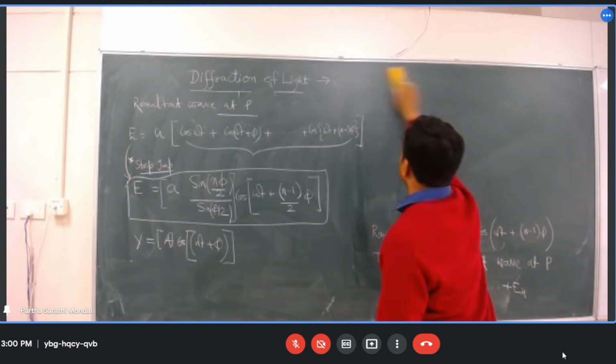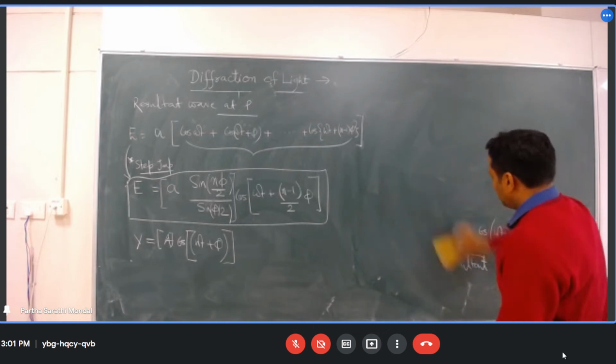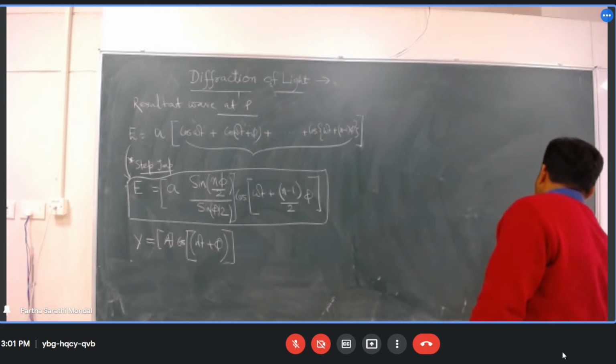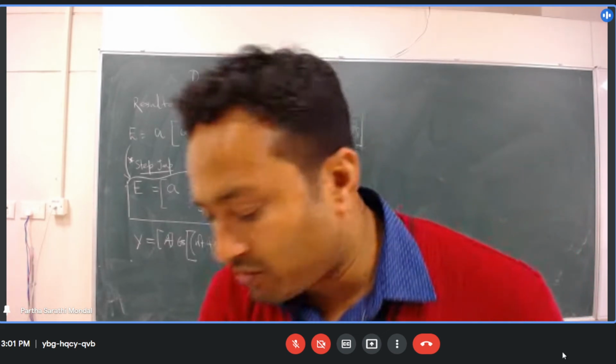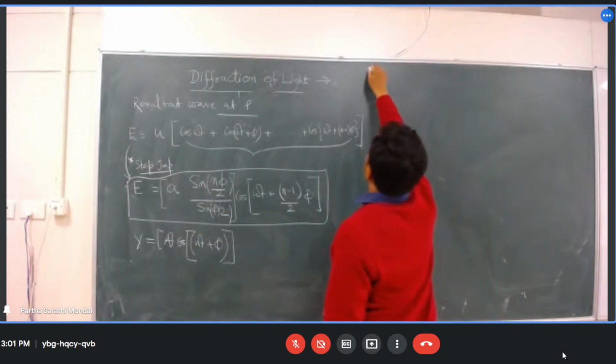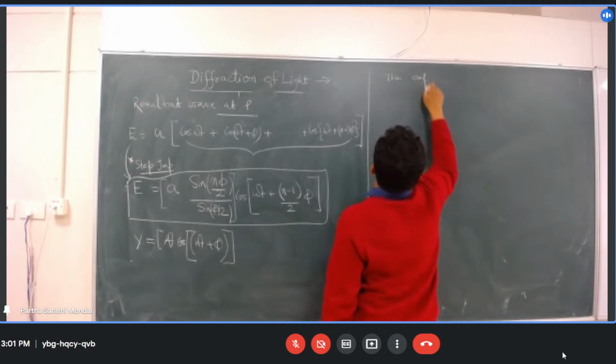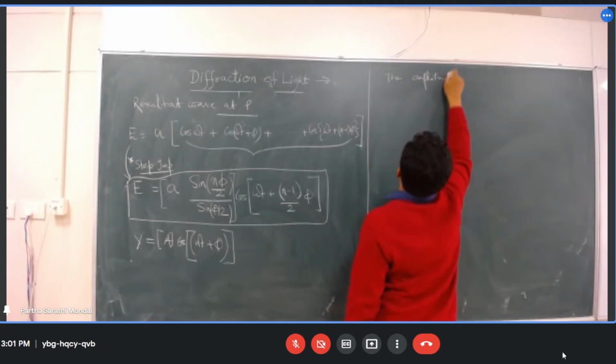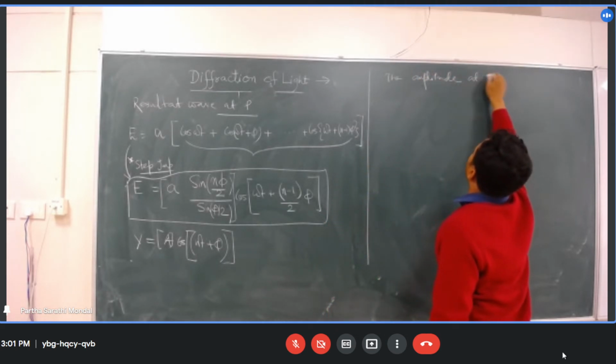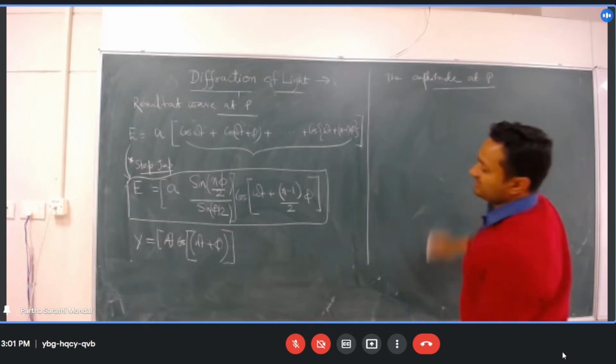Okay. If I compare with that, then we can write down the amplitude at P of the wave at P, obviously.